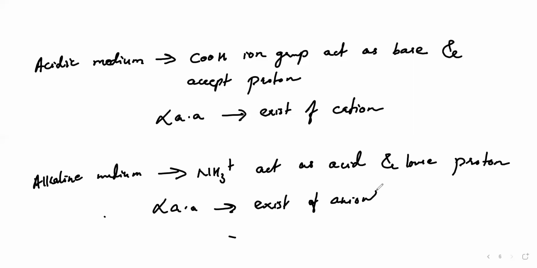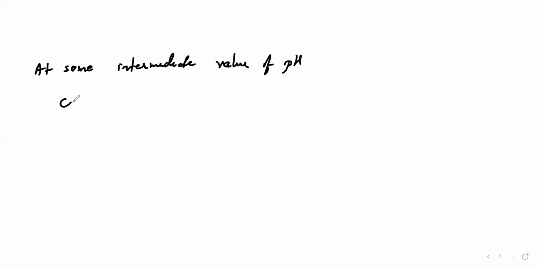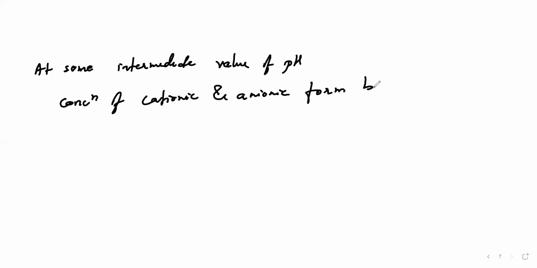So when these things are taking place, that is at an isoelectric point, at that time what happens is, at some intermediate value of pH, whatever concentration of cationic and the anionic form becomes equal.